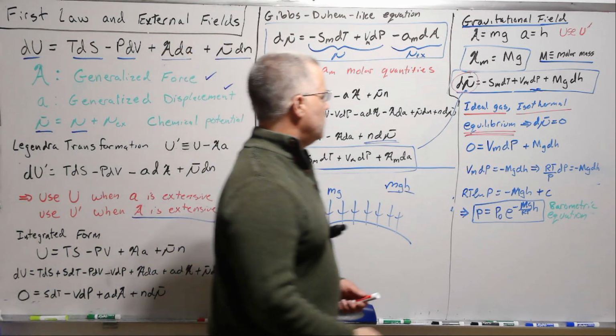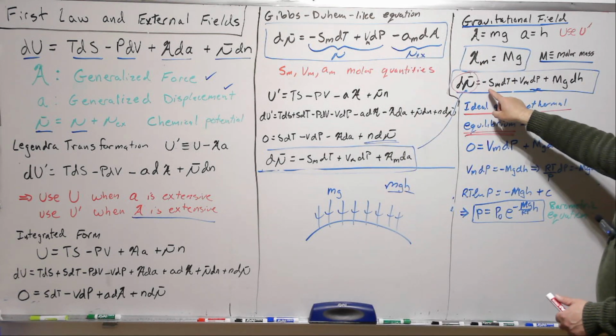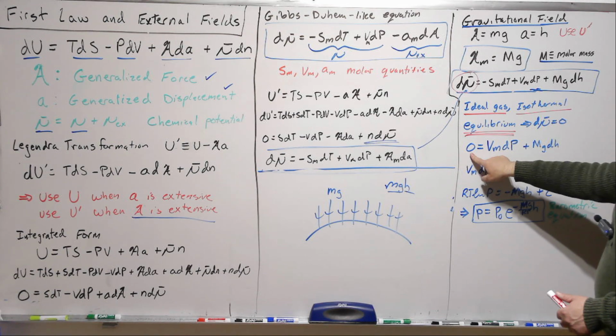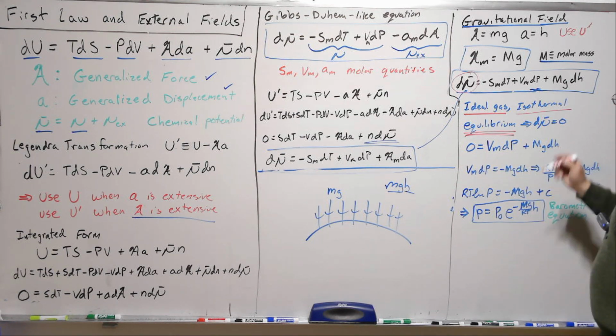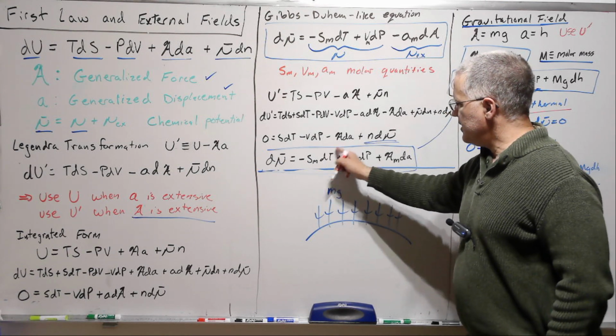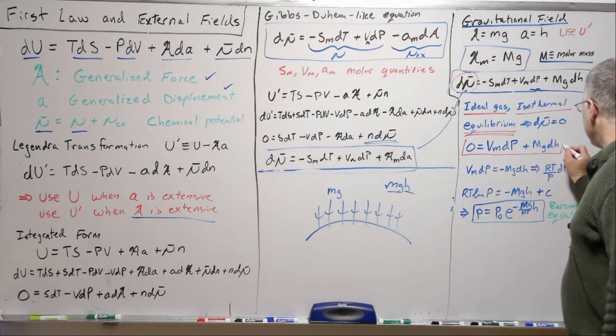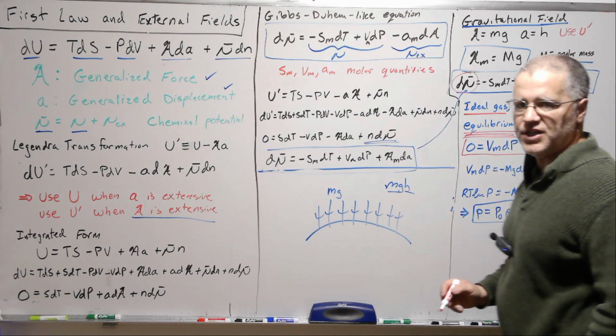Okay, so if that's true, then we use our Gibbs-Duhem-like equation and set the left-hand side equal to 0. We're isothermal, so we're also going to lose the entropy term, and we're left with just this, which is starting to get pretty simple.